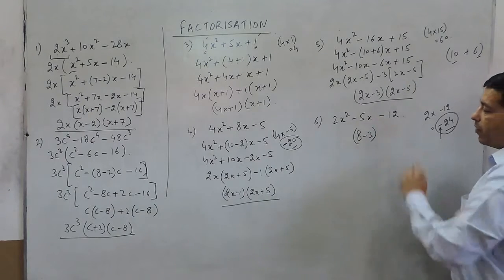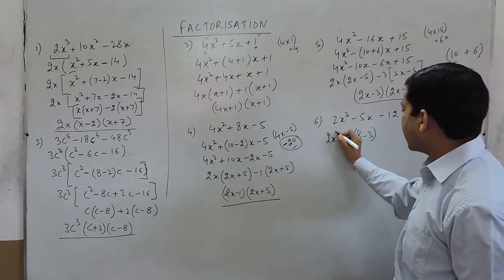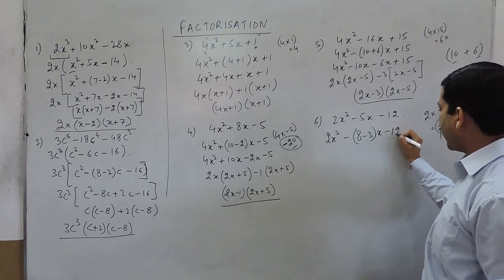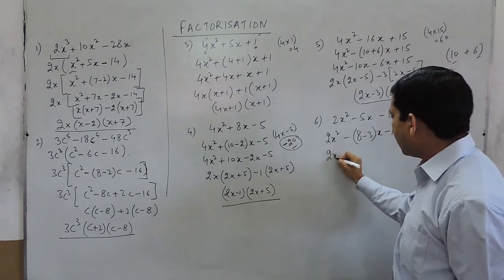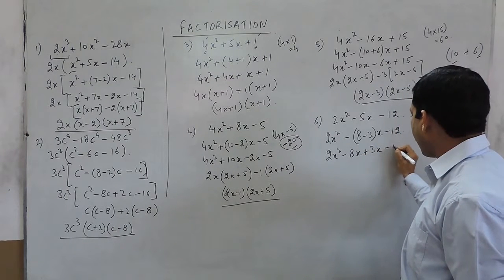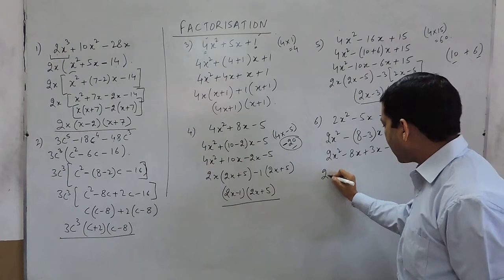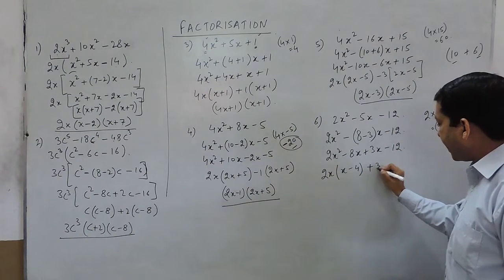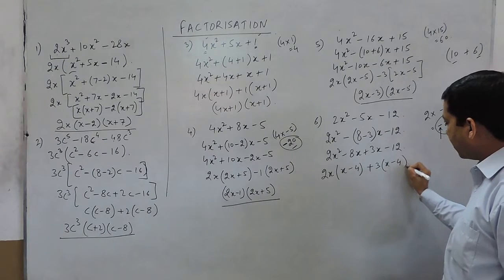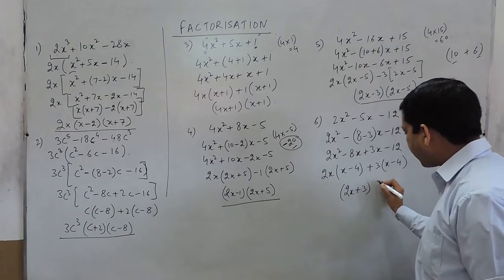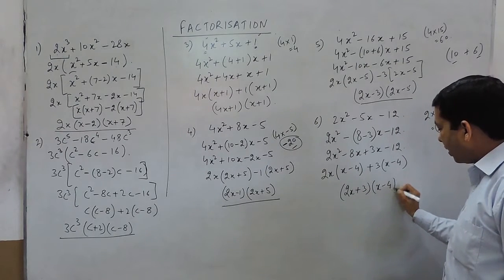So it can be written as 2x square minus 8x plus 3x minus 12. When I take 2x common, it becomes x minus 4. Here I take 3 common, it becomes x minus 4. So 2x plus 3 is one of the factors and x minus 4 is the other factor.